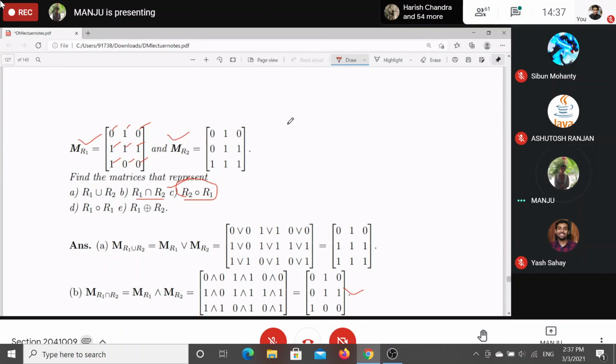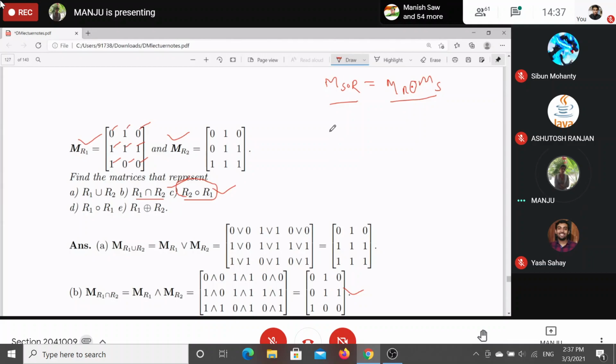What I told you, the matrix corresponding to S composition R will be MS Boolean product MR. No, ma'am, sorry, MR Boolean product MS. MR Boolean operator product with MS, right?